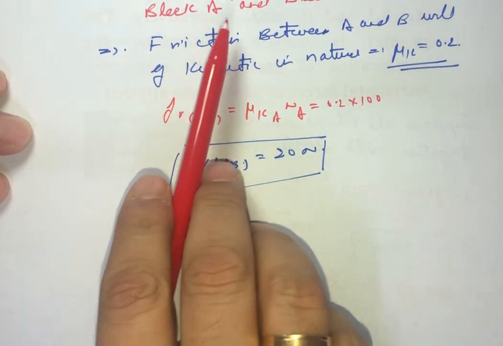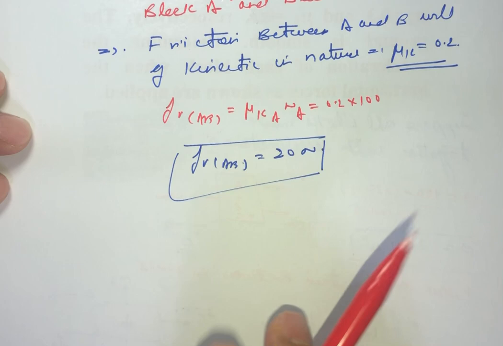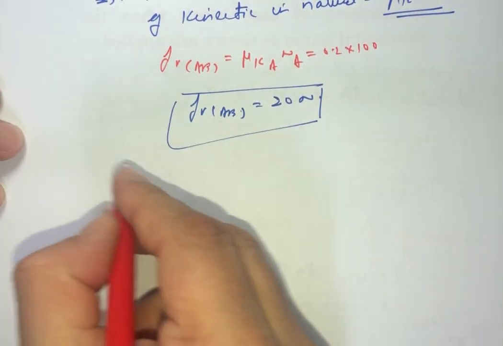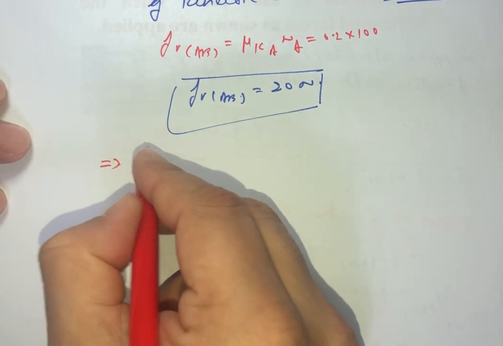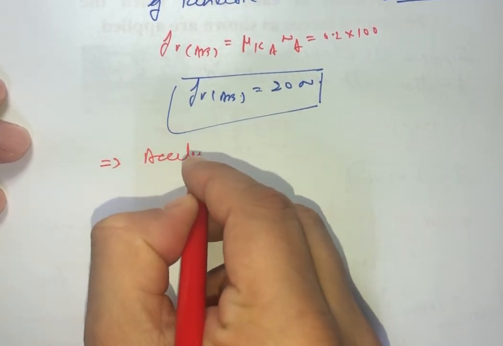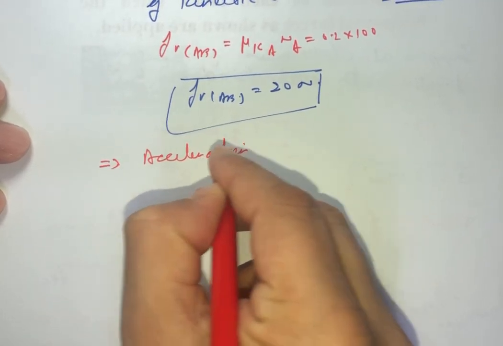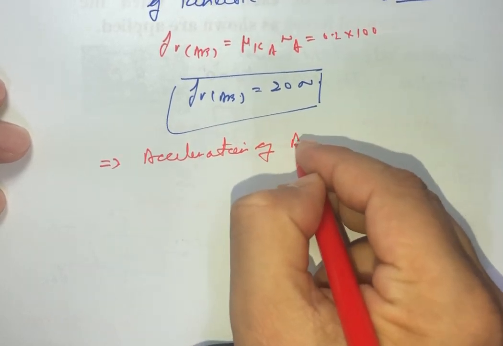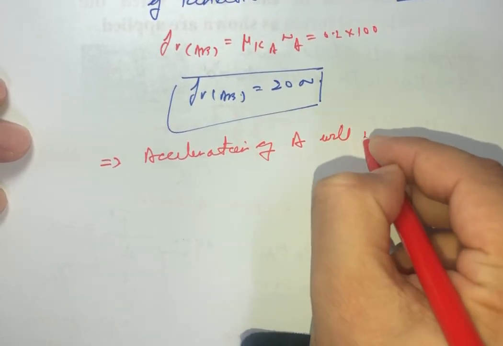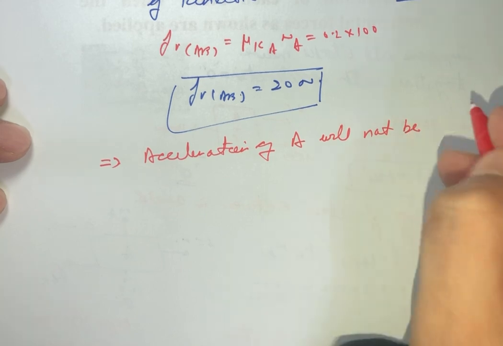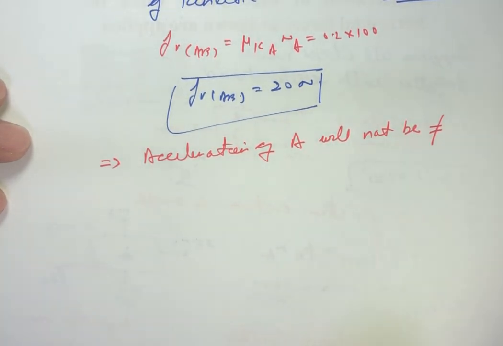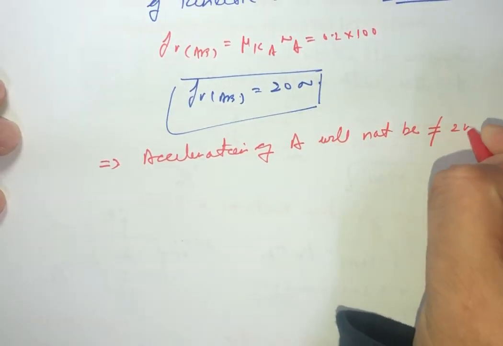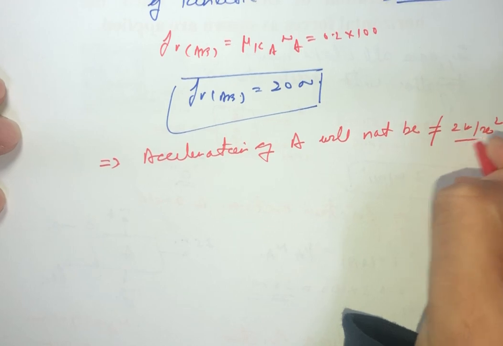And obviously slipping is going to take place between A and B, so therefore the acceleration of A will not be equal to that 2 meter per second square.